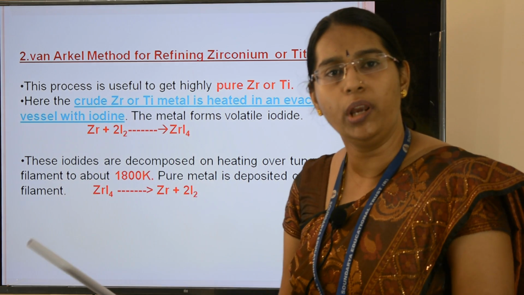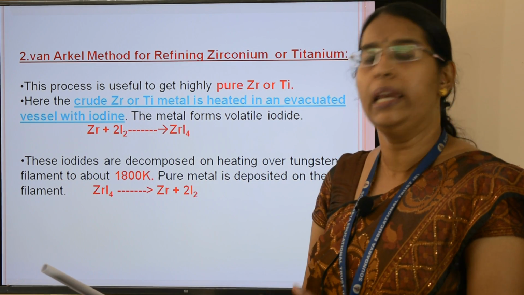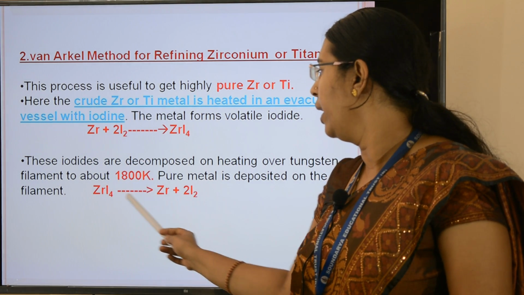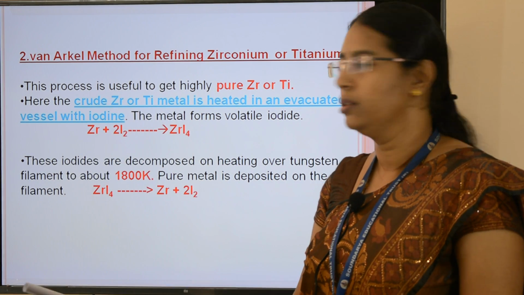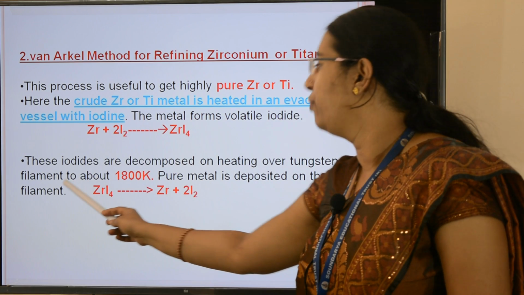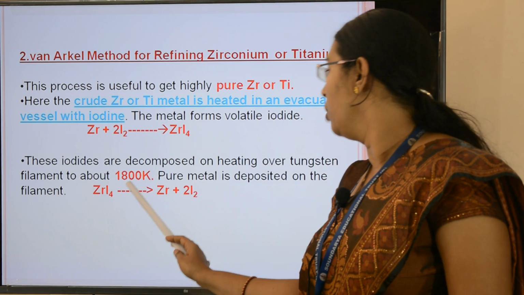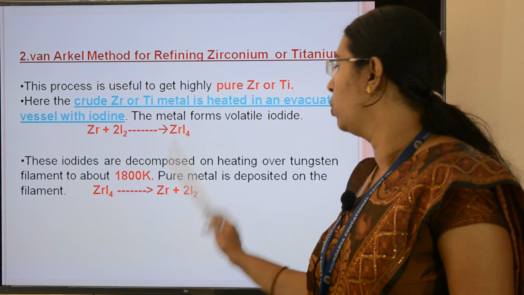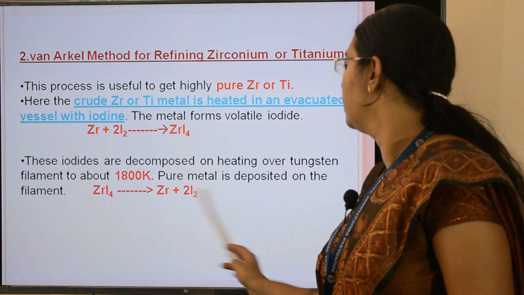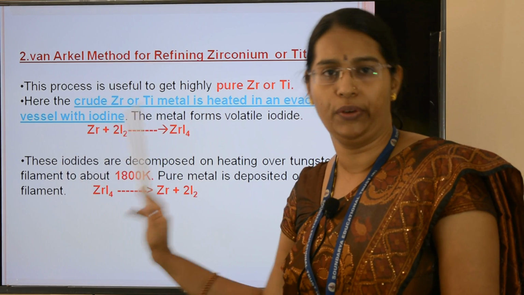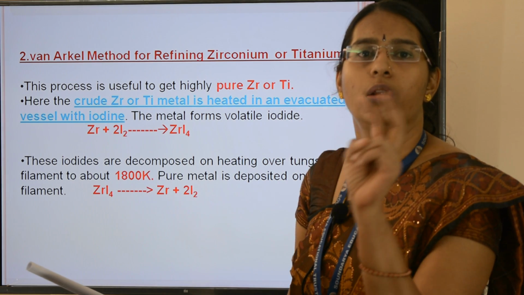This zirconium iodide compound, upon heating to 1800 Kelvin temperature by using tungsten filament, decomposes to give pure zirconium, which is deposited on the tungsten filament. So again it involves 2 steps.